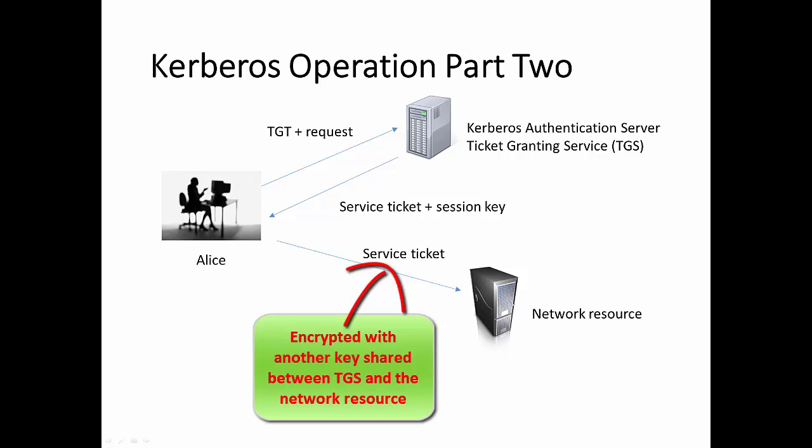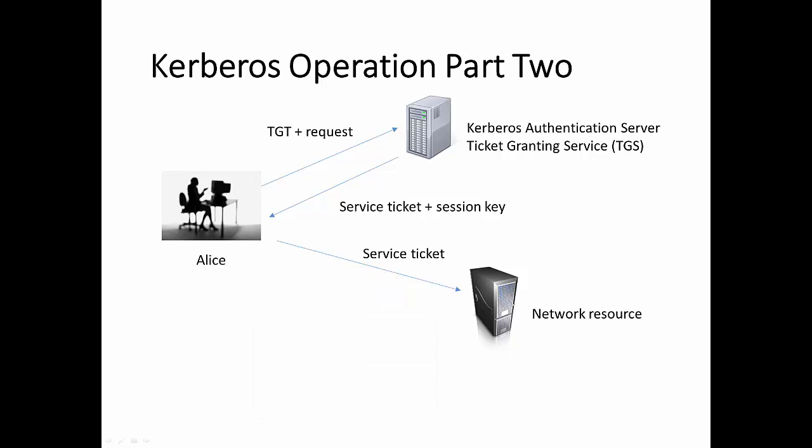So the ticket granting service and the network resource share this secret key. Since the network resource knows this secret key, which was used to encrypt the service ticket, it is able to decrypt the service ticket.